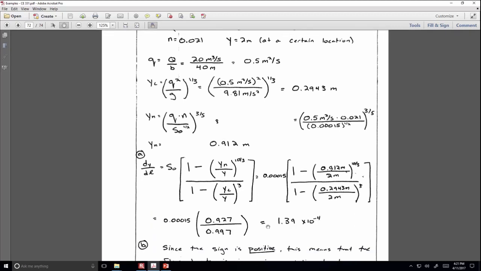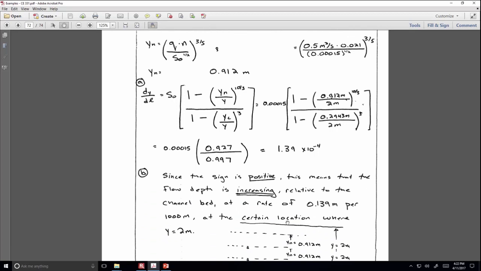So if you substitute in the given depths, the normal depth relative to the depth at our certain location, which is 2 meters, this is just at a certain spot where we're trying to find dy/dl, and then the critical depth relative to that depth at that spot, that tells us dy/dl is 1.39 times 10 to the minus 4th.